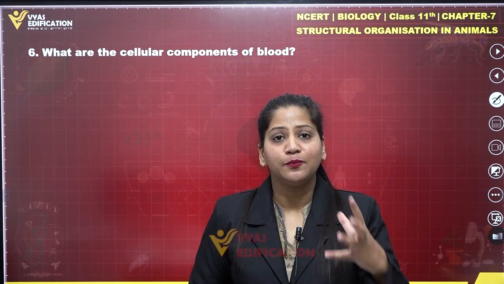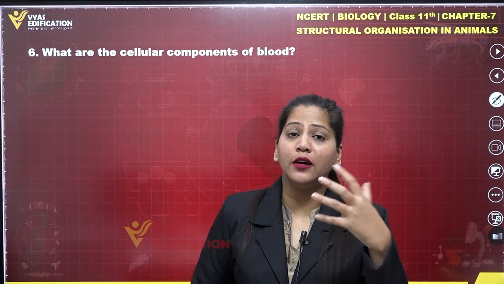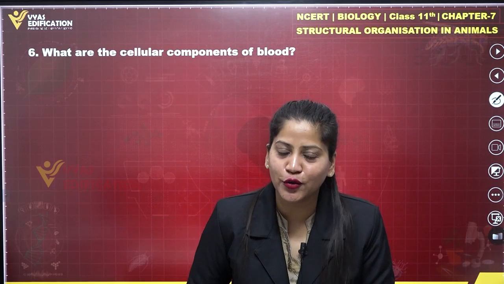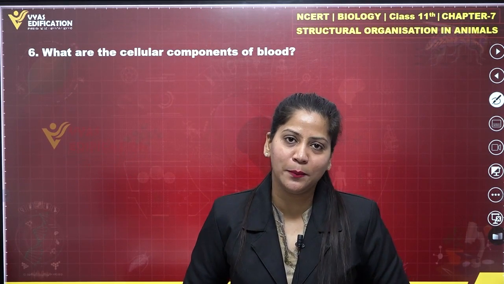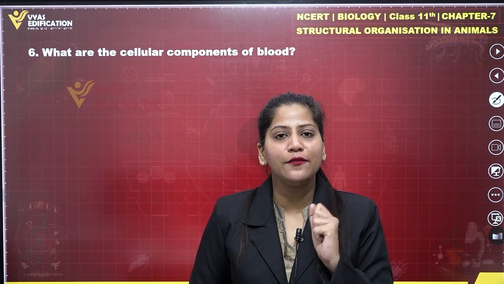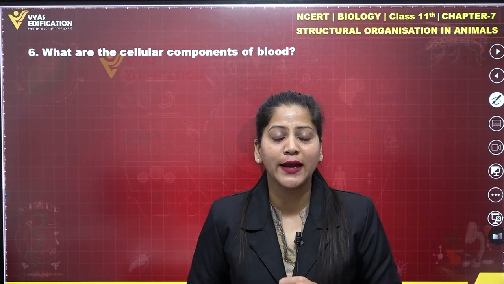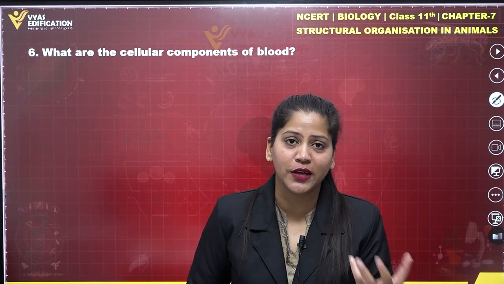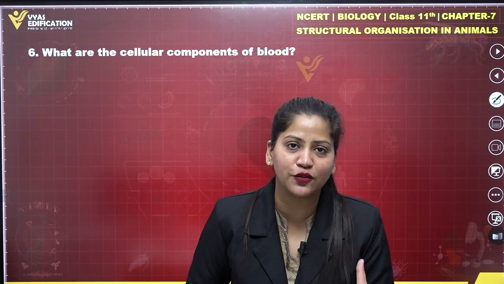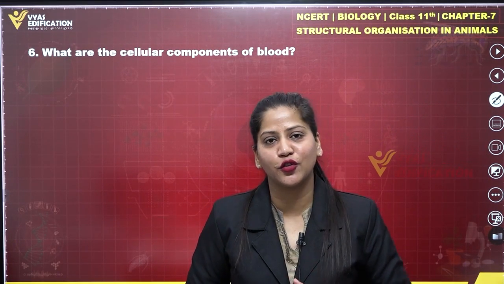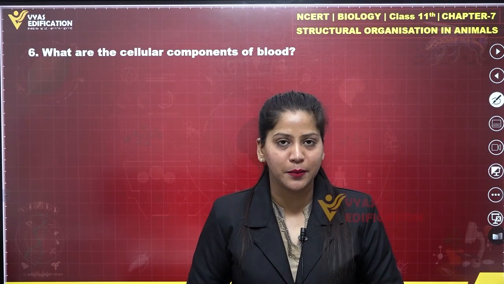First of all, they are colored cells due to the presence of hemoglobin pigment in them, right? Now, what is the main function of RBCs? They transport oxygen to the tissues. They transport oxygen or respiratory gases into the body, right? So this is the main function of erythrocytes or RBCs.